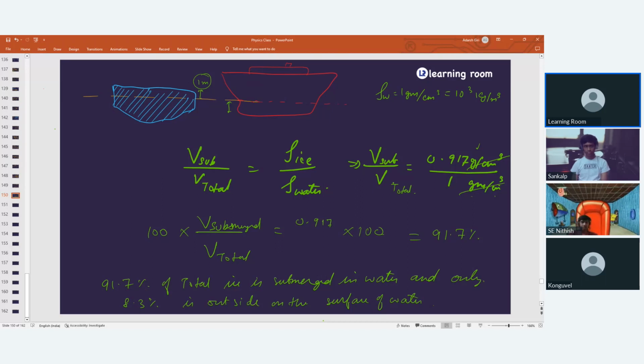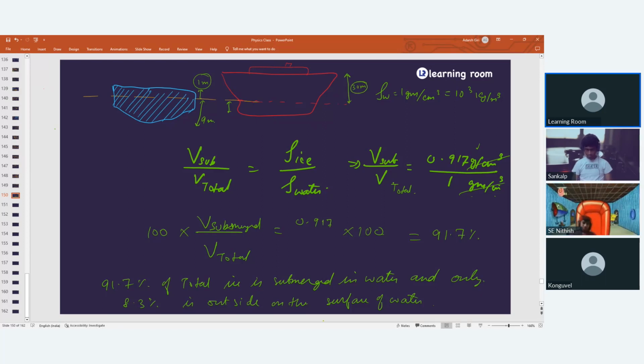But in that case, 9 meters is downward, and a ship is generally 4-5 meters into the ocean. 4-5 meters means like a one floor building. And this height is nearly 20-30 meters.